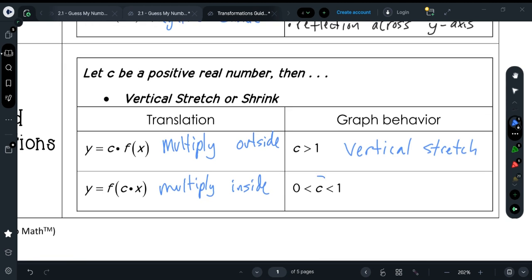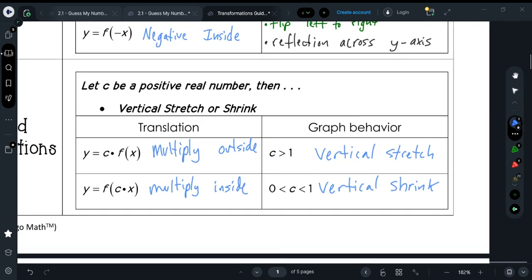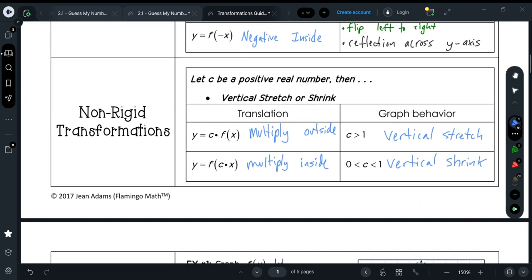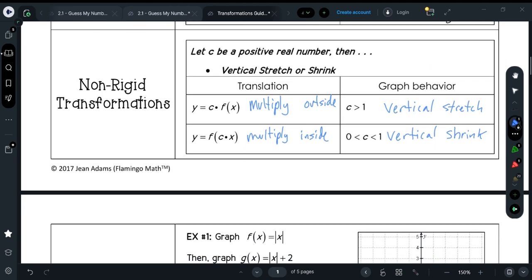And when we do this here and our C value is between 0 and 1, so it's a number less than 1, but it's still positive, then here we're going to get a vertical shrink. Or another way you could say this is a vertical compression. So if we compress the graph from top to bottom, and then it gets wider left to right. So we'll see some examples of those here, but again, you don't really have to worry too much about those.